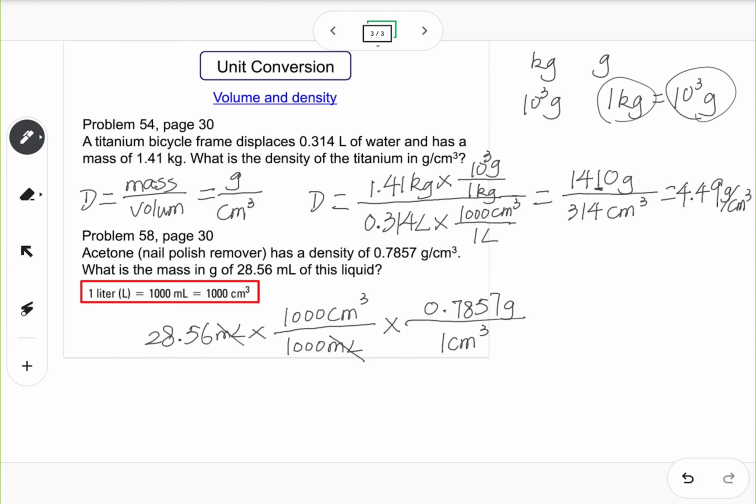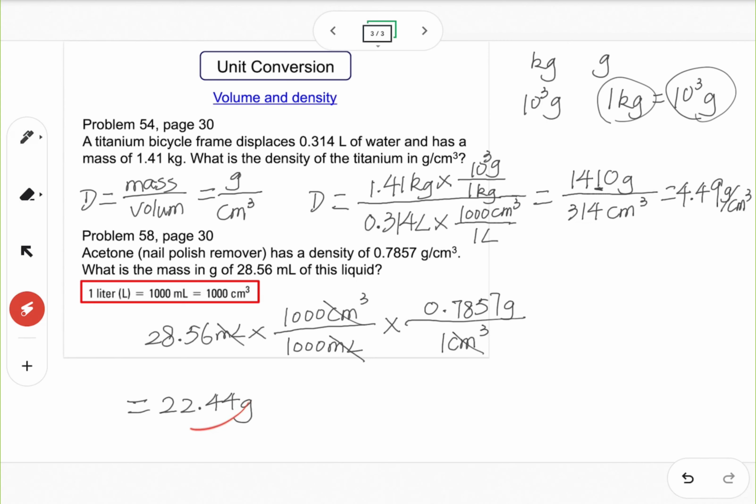In this case, you can cancel the cubic centimeter and reach the final unit as gram. If you do the calculation, it will give you 22.44 gram.